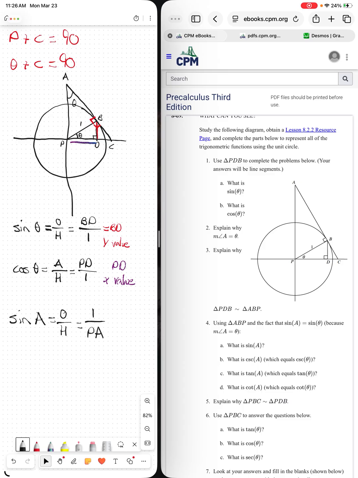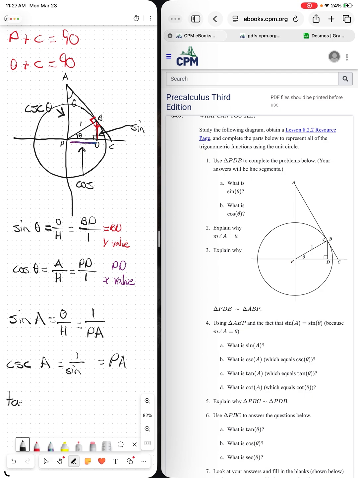What is the cosecant of A? We learned yesterday that the cosecant is just 1 over the sine. So this is really PA. So this is cosecant of theta, this side right here. So we now have sine, cosine, and cosecant.